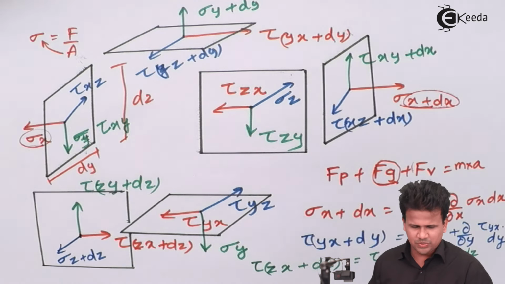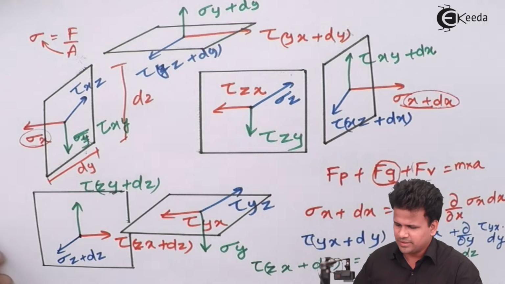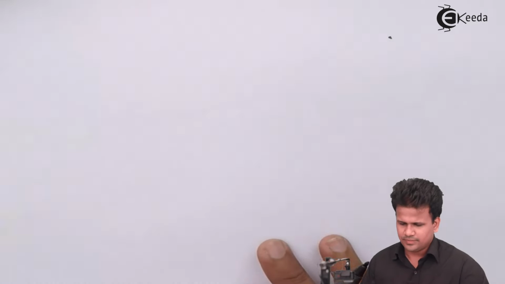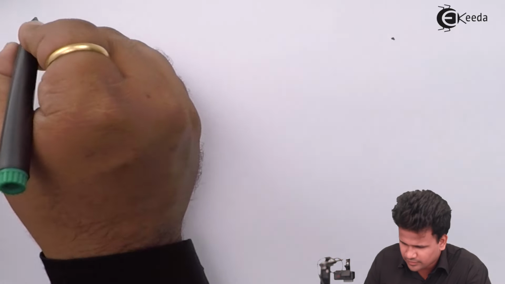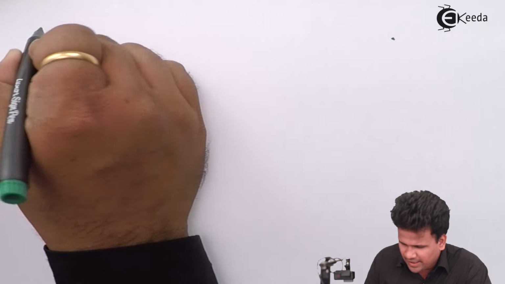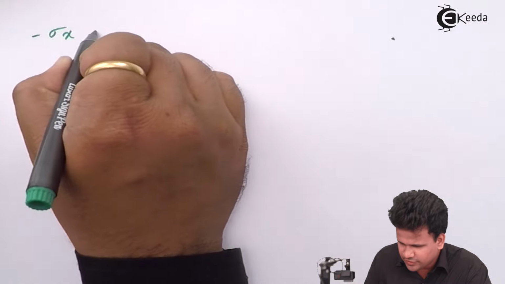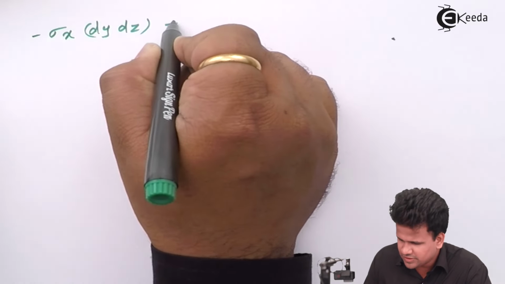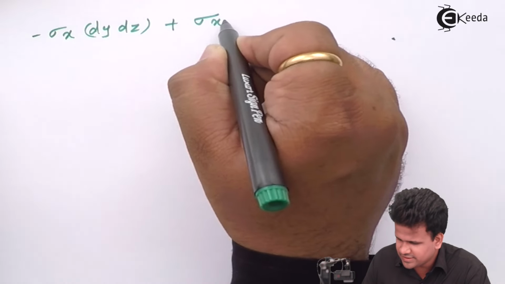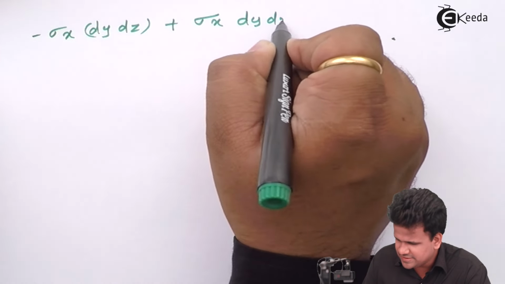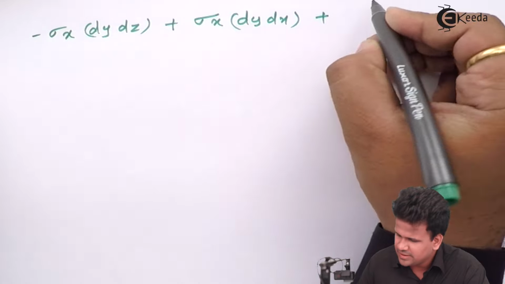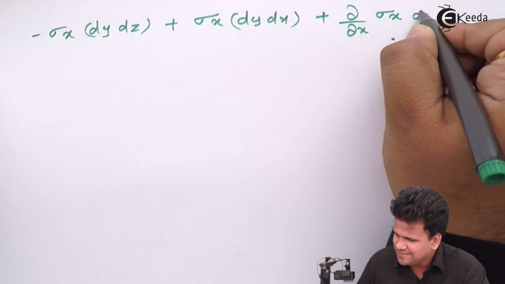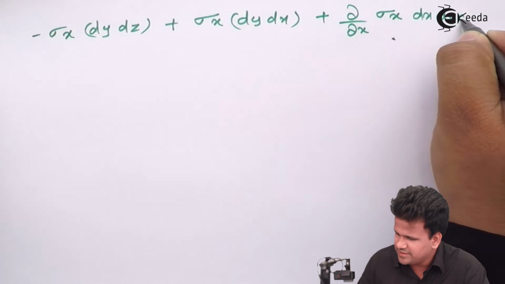So the difference between them can be written as minus of sigma x into dy dz plus sigma x dy dz plus dou by dou x of sigma x dx dy dz.